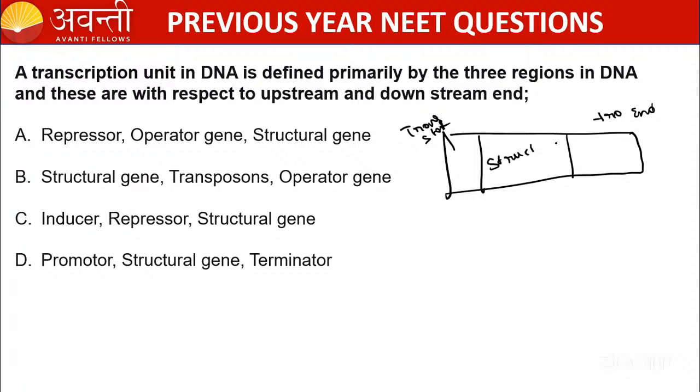What is that, guys, we call as? Very good, Neeli. Very good, Shreya. Correct. Promoter. Yes, this is a promoter. This is a structural gene, and this is a terminator. Option D is the correct answer.